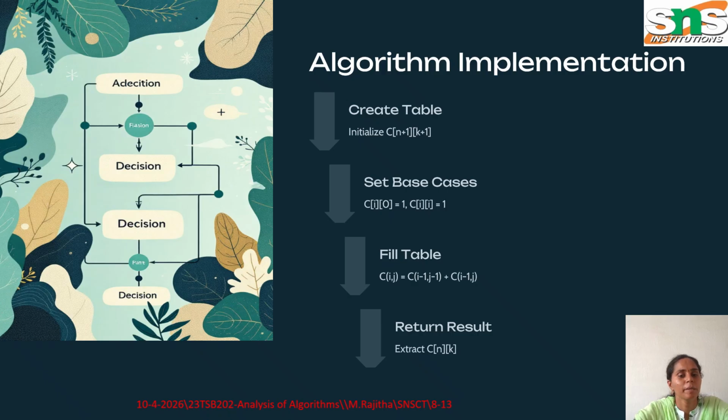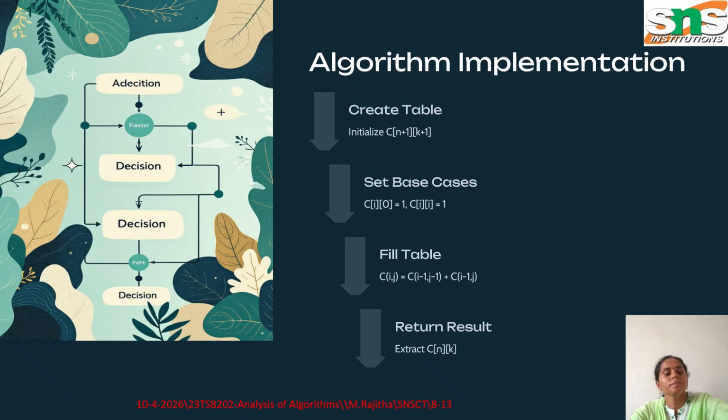So, algorithm implementation. Now let's see the step-by-step algorithm. Create a table and initialize base cases. Fill the table, return the result. Create a table: create a 2D array C of n plus 1, k plus 1. Initialize base cases: set C of i, 0 equals 1, C of i, i equals 1.